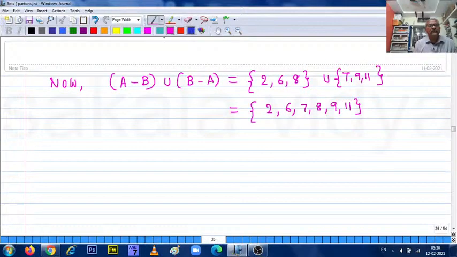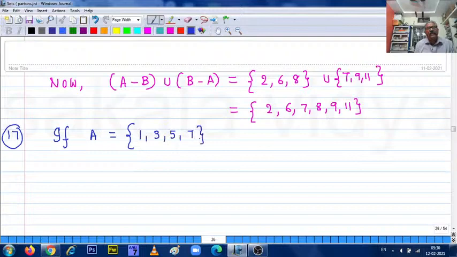Now the 17th question. Let's have a discussion on the 17th question. If A equals 1, 3, 5, 7, generally they are odd numbers. Now B is equal to 2, 4, 6, 8, they are even numbers.